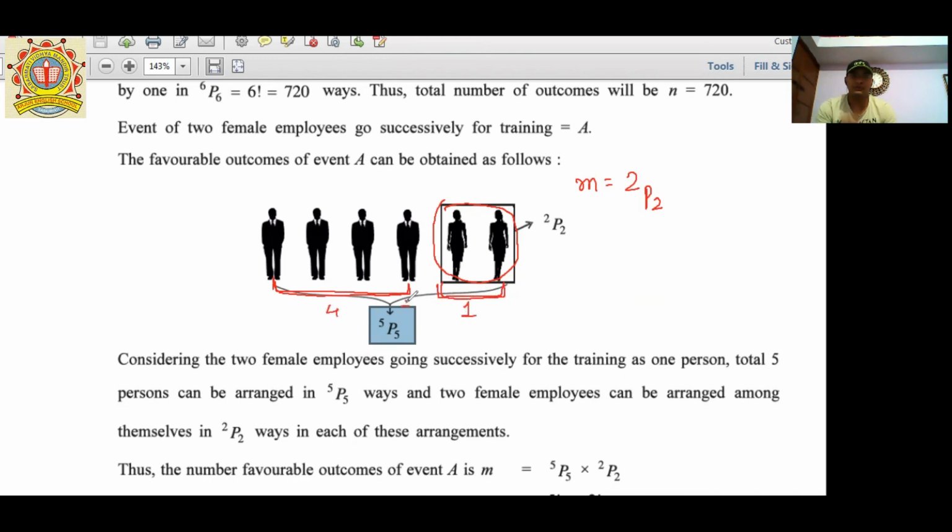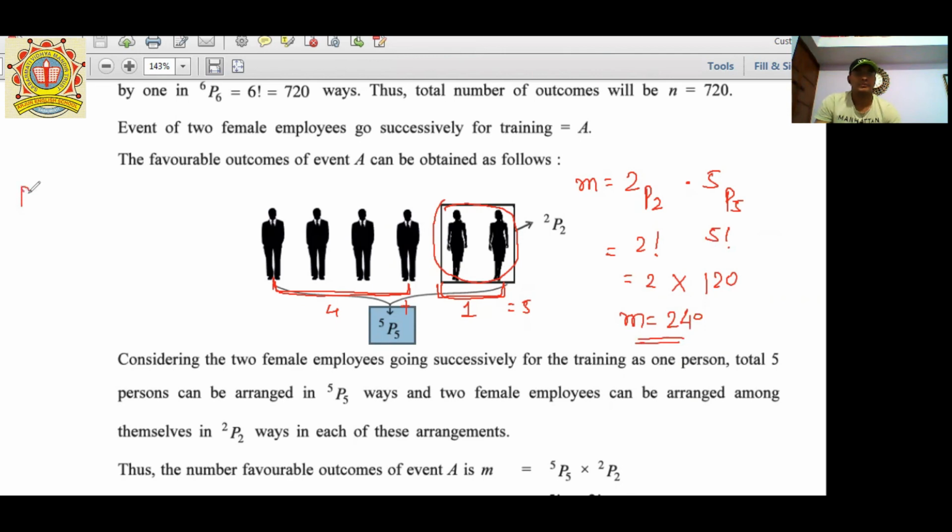So 4 plus 1 is a total of 5, multiplied by 5P5. So 2P2 stands for 2 factorial and 5P5 stands for 5 factorial. 5 into 4 into 3 into 2 into 1 is 120, and that's why the total m is 240.